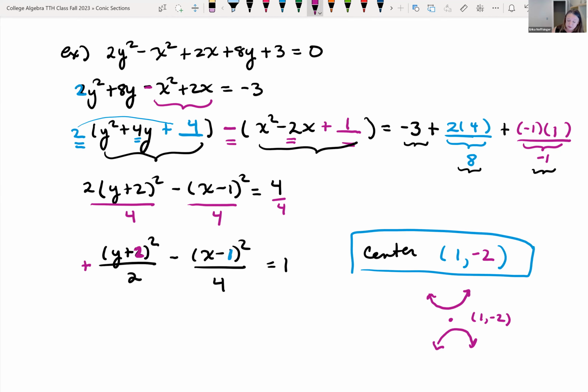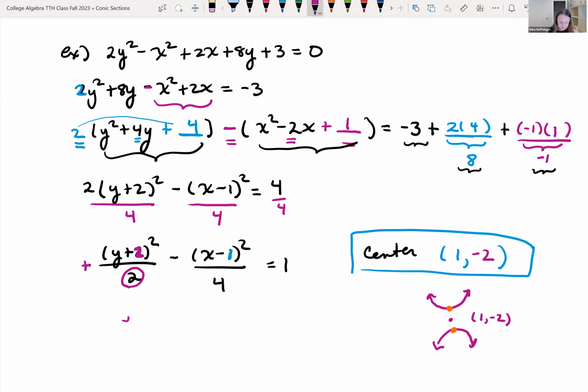So I want to find my vertices. My vertices are always on the transverse axis. So for our transverse axis, I'm going to look at this value down here.